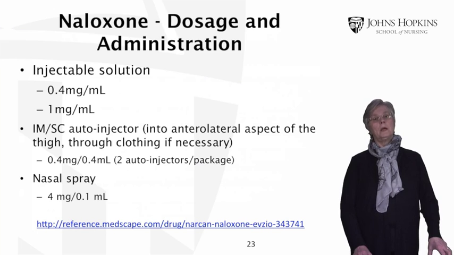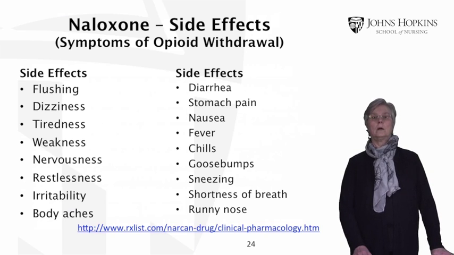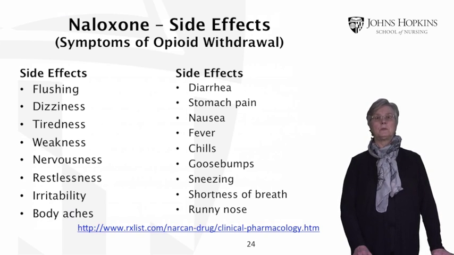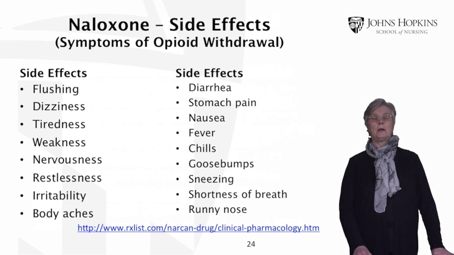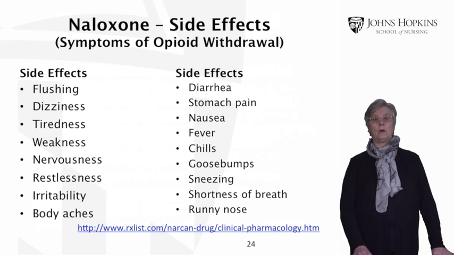The nasal spray is 4 milligrams per 0.1 milliliters. The side effects of naloxone are consistent with the symptoms of opioid withdrawal. There would be flushing, dizziness, tiredness, weakness, nervousness, restlessness, irritability, body aches, diarrhea, stomach pain, nausea, fever, chills, goosebumps, sneezing, shortness of breath, and a runny nose.